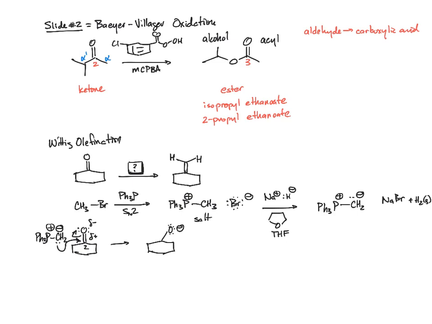The negative charge migrates to oxygen. Phosphorus still has its plus charge. The oxygen comes over to attack that, and you get this 4-centered intermediate. That is now neutral, and it decomposes, leaving you the alkene plus the byproduct, triphenylphosphine oxide.